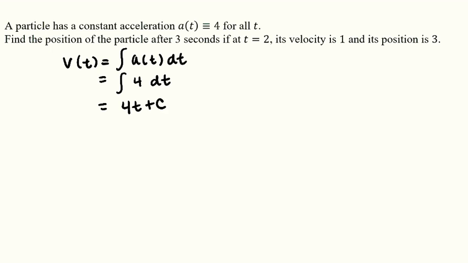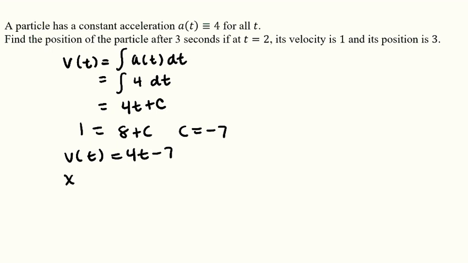Okay, so I used that after 2 seconds, the velocity is 1. So velocity is 1 when t is 2, meaning that c is negative 7. So v of t equals 4t minus 7.